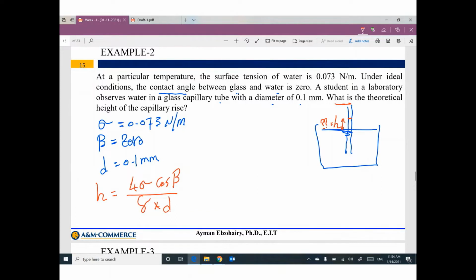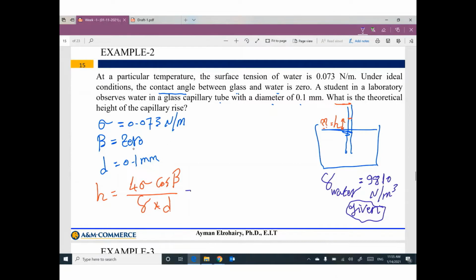Gamma for water is known, equal to 9810 Newton per cubic meter. So gamma of water is given, or you are familiar with this value.